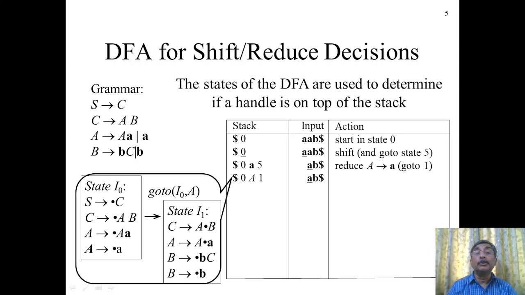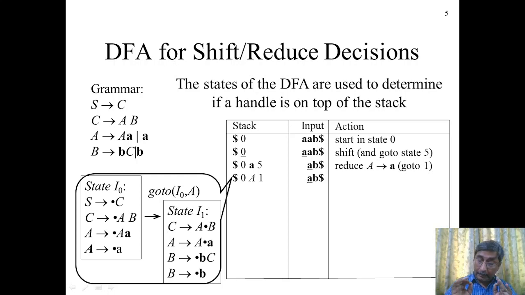So while your input is not consumed, there are lots of activities inside the stack. Also, a very interesting thing is, what is the sentential form? Here it is capital A, small b. The sentential form that you have at any point of time is a combination of the stack content from the bottom and the input symbols which are remaining, from left to right.